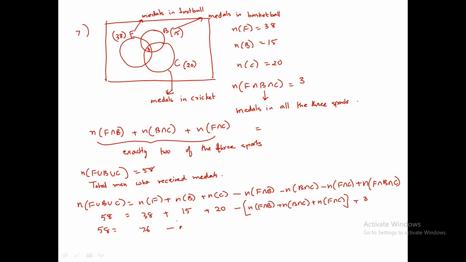Then minus, in brackets, n of F intersection B plus n of B intersection C plus n of F intersection C. So from this, n of F intersection B plus n of B intersection C plus n of F intersection C will be 76 minus 58, and that is 18 people. So the answer will be 18.